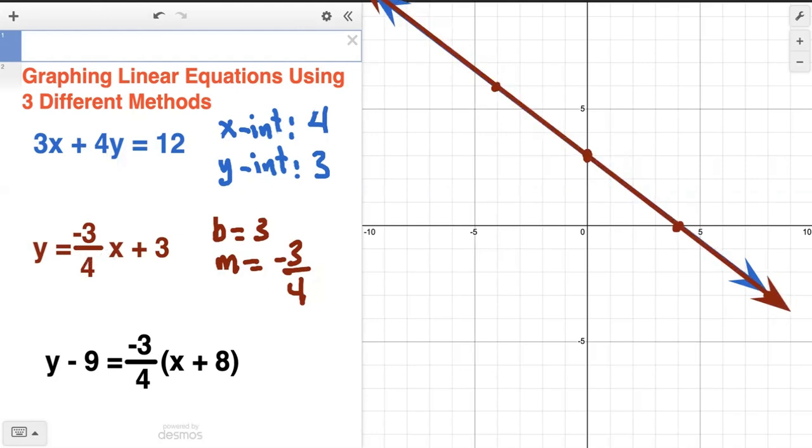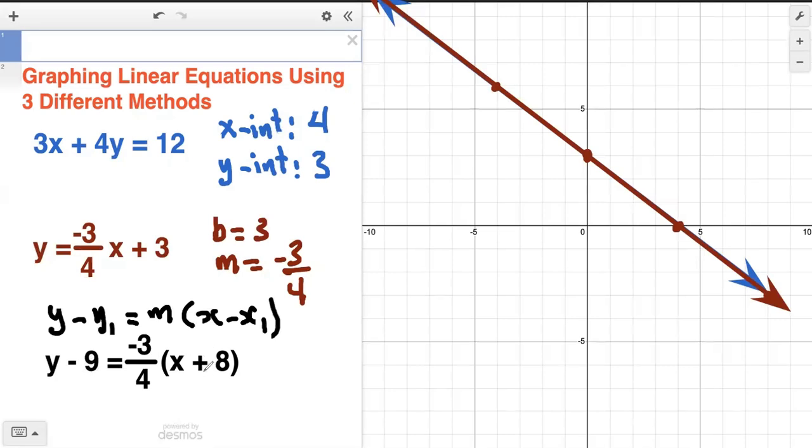So let's go to the last one. Here, this is called the point-slope form. This usually is written like this: y minus y1 equals m, the slope, times x minus x1. So therefore x1 here is going to be -8, and y1 here is going to be 9.